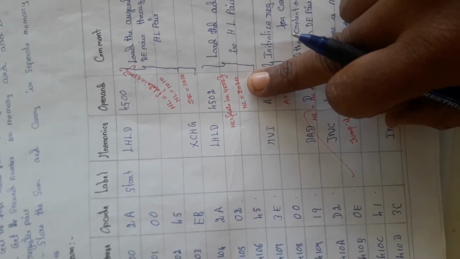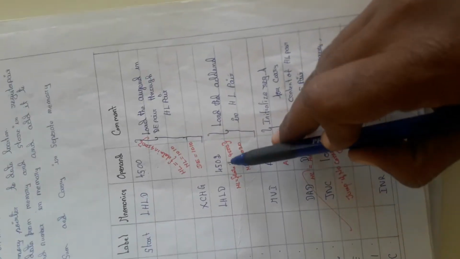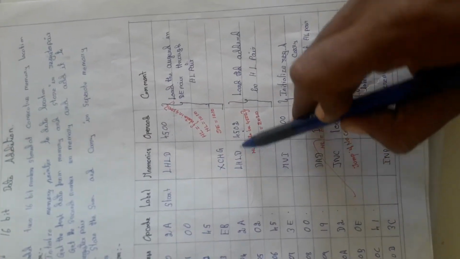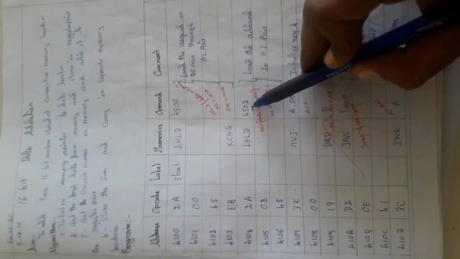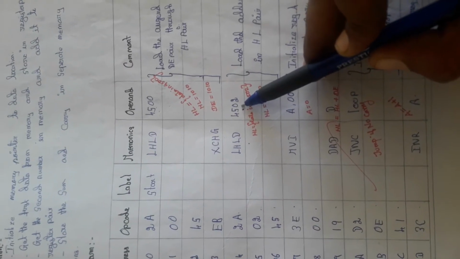Then again we give the LHLD instruction, LHLD 4502. That means we get the lower 8 bits of the second data in the L register and the higher 8 bits of the second data in the H register. The lower 8 bits are available in 4502 and the higher 8 bits in 4503.